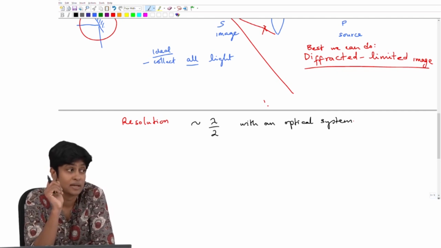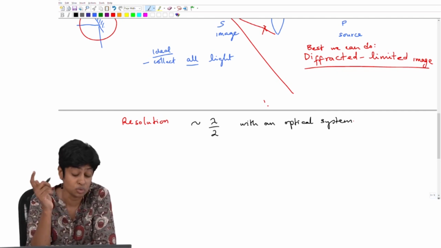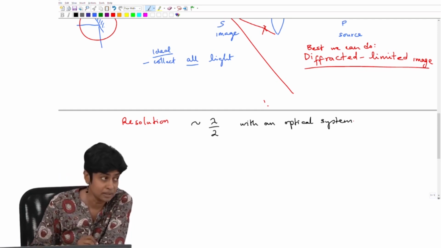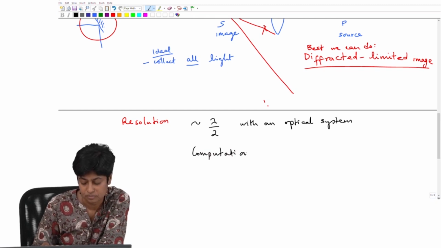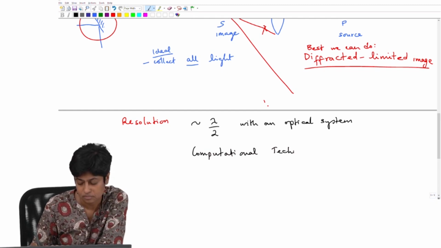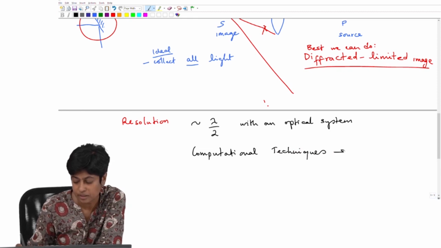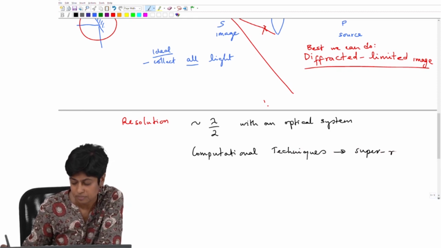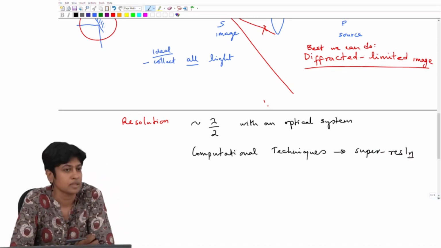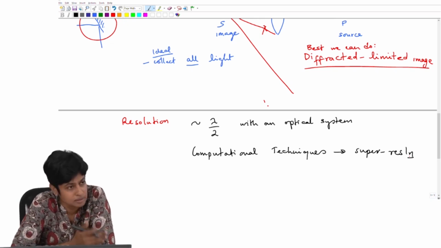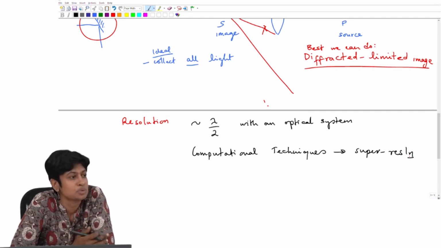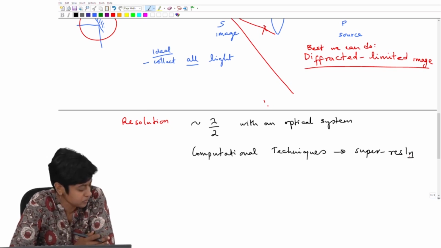Even here I have to say that in the last 10 years or so, people have taken optical images and then used computational methods to get what is called super resolution. So you capture optical images with the best resolution you can, and then you improve the resolution using some computational techniques. This is a big area of research right now.